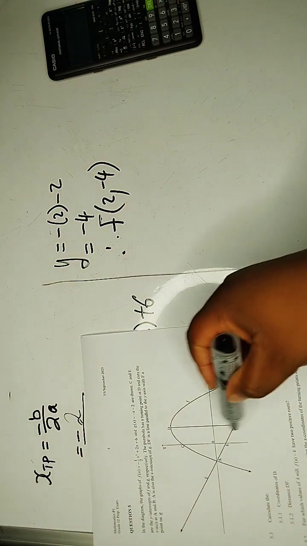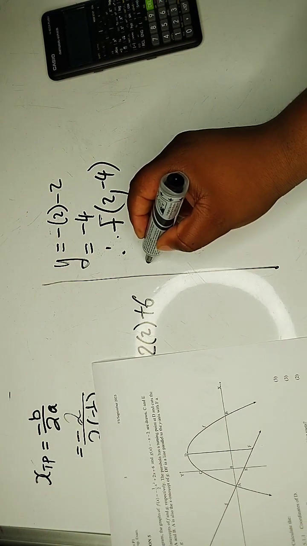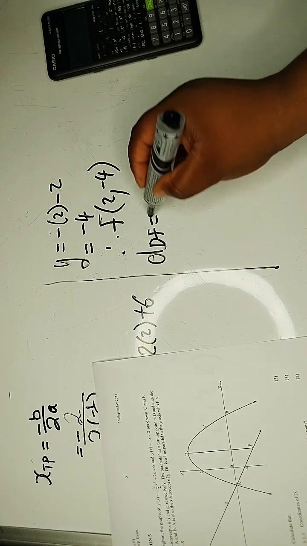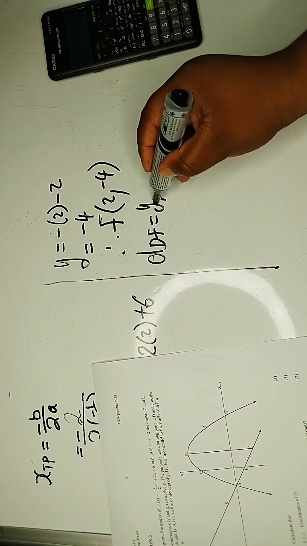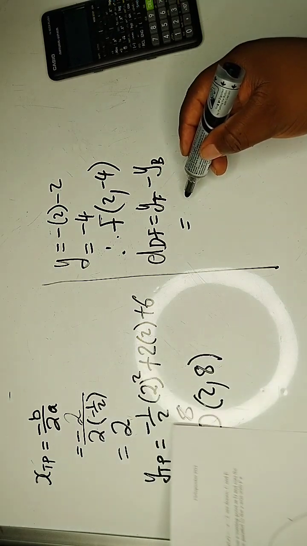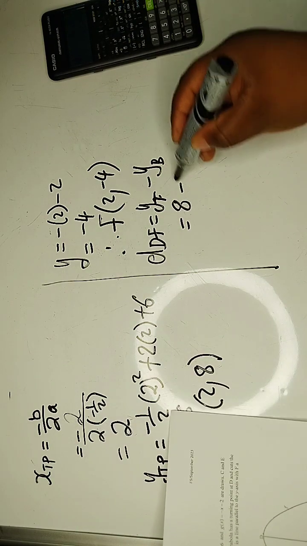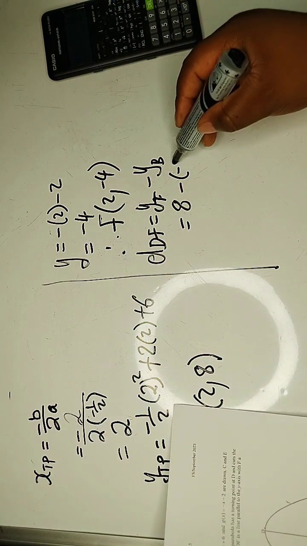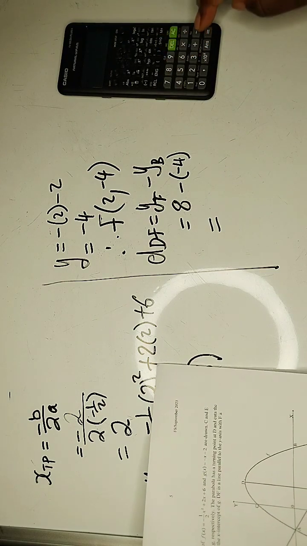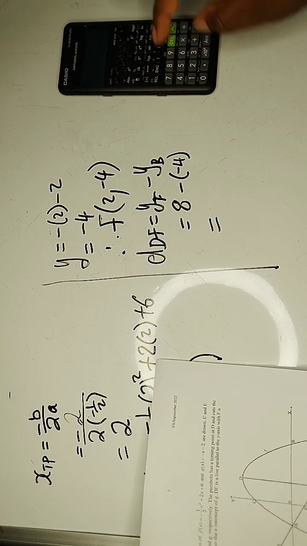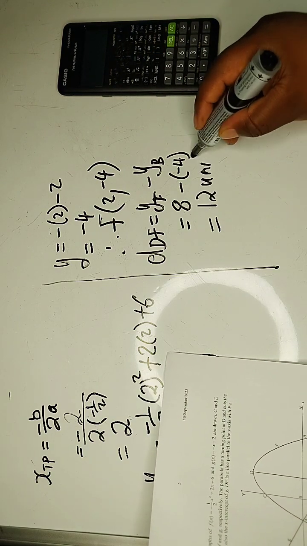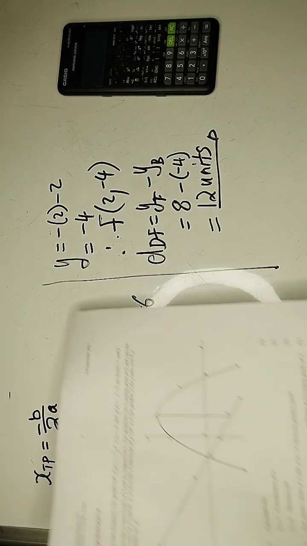Then, to calculate this distance, I will say the distance of DF is equal to y top minus y bottom. Hence, I will have 8 minus, open bracket, negative 4, close bracket. The answer will be 12 units. That's how I calculate the distance.